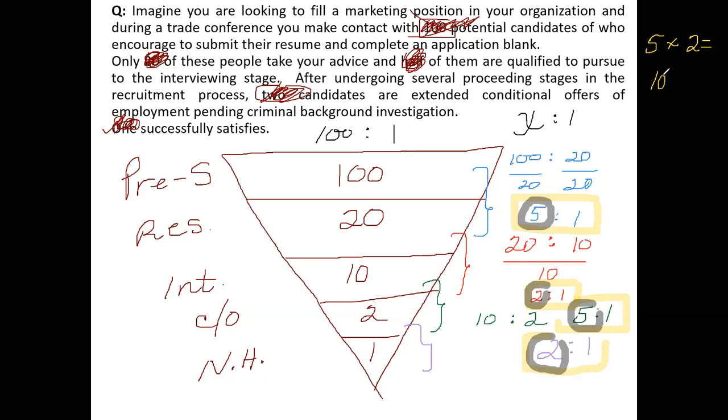We get 10. Then I'm going to take the next 5 from the third ratio we calculated, multiply that by 10, so we get 50. Then the last ratio, I'll take the 2 again, and then we get our 100. And that's what matches up in this case with my claim of 100 to 1. And that's so you can double check your math.